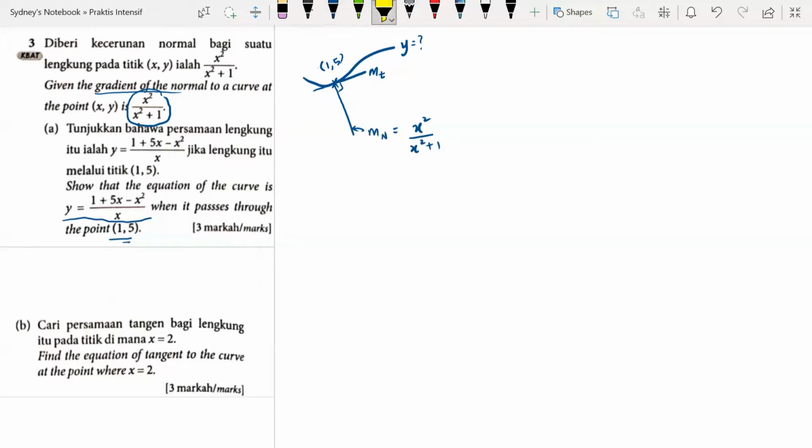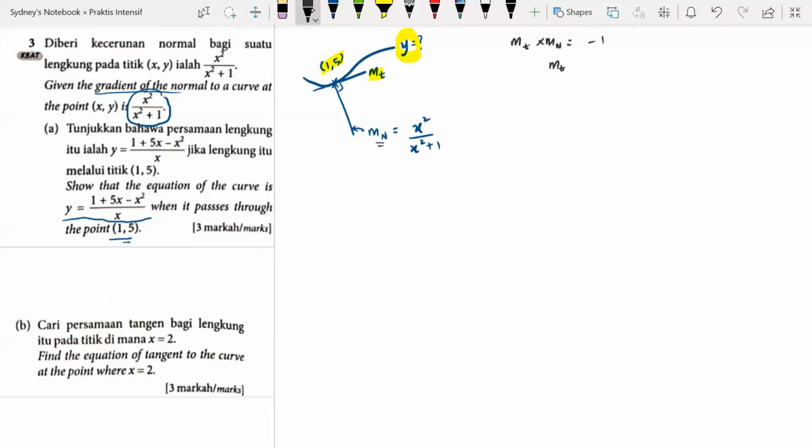With these 3 important elements, in order for us to find y, I must have the point and the gradient of tangent. However, I don't have the gradient of tangent, but we can find it from the gradient of normal, because the gradient of tangent times the gradient of normal equals -1.